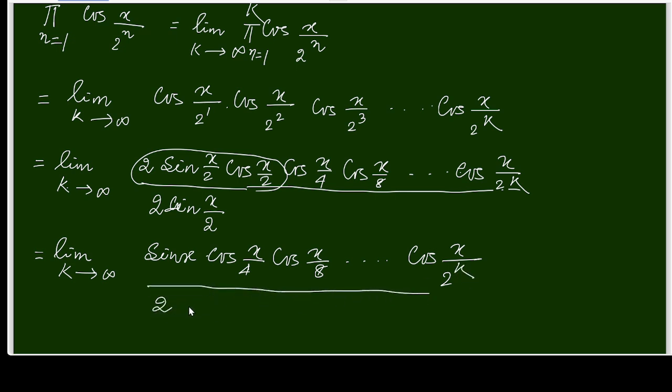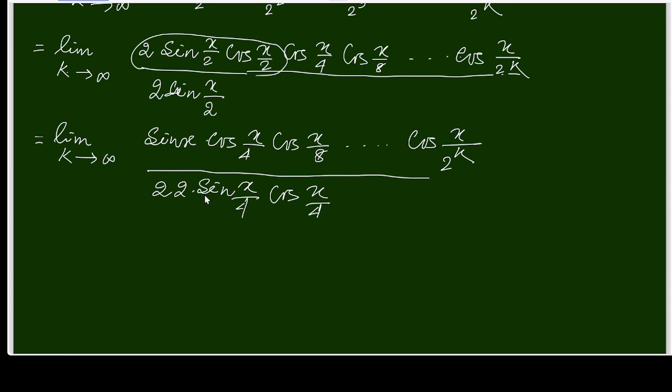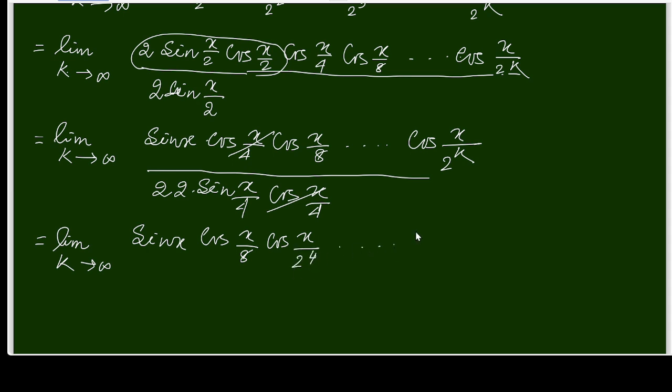Now this sin x by 2 can be written as 2 sin x by 4 into cos x by 4. Next line we will find that this will be cancelled. As k tends to infinity, I'm getting sin x, cos x by 8, cos x by 16, up to 2 power k.